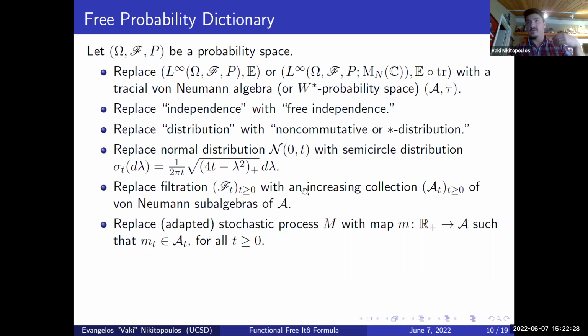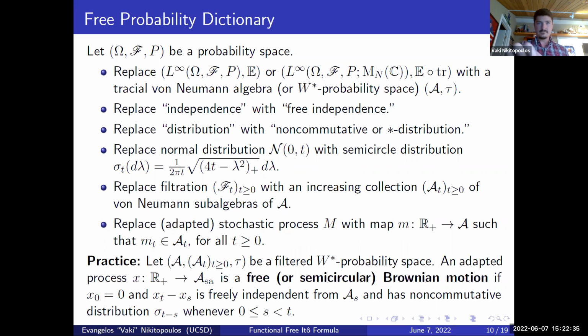And as practice, we'll transition our definition of Brownian motion to this free setting. So we're going to fix a filtered W star probability space, (A_t, tau), and an adapted self-adjoint process is going to be called a free, or I usually like to say semicircular, Brownian motion, if X_0 is 0, and whenever s is less than t, X_t minus X_s is freely independent from A_s.